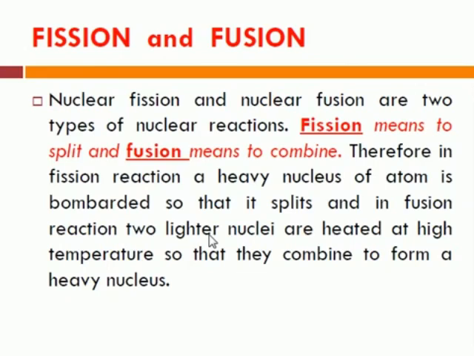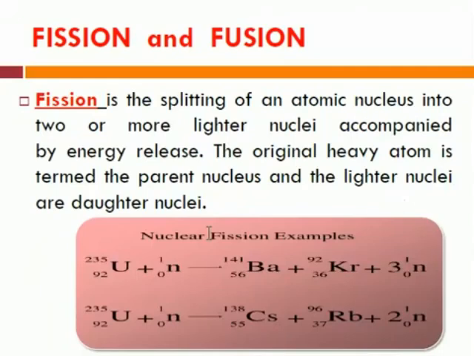Therefore, in a fission reaction, a heavy nucleus is bombarded so that it splits, and in a fusion reaction, two lighter nuclei are heated at high temperature so that they combine to form a heavy nucleus.